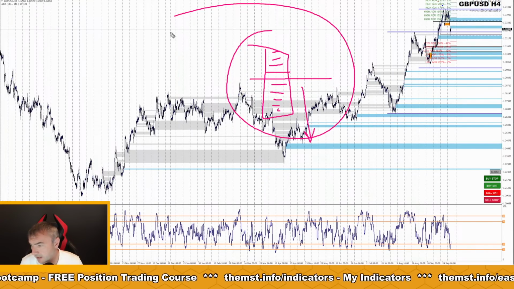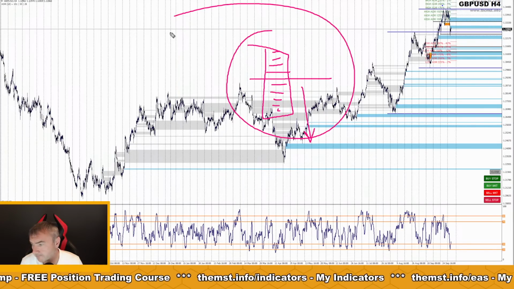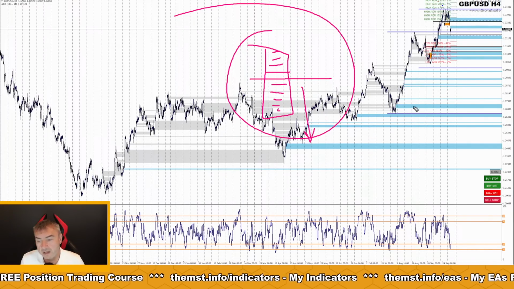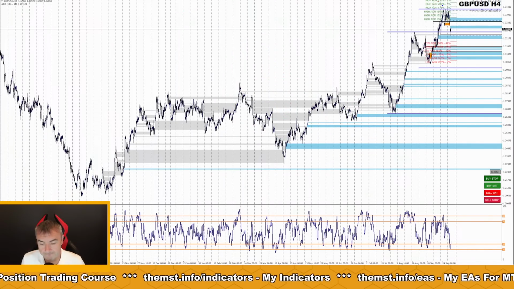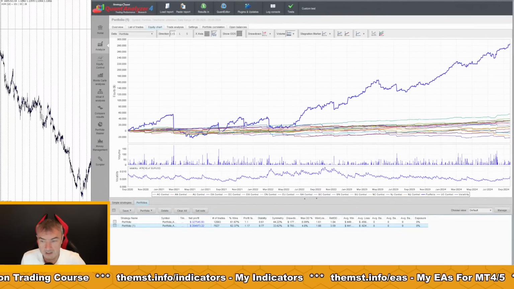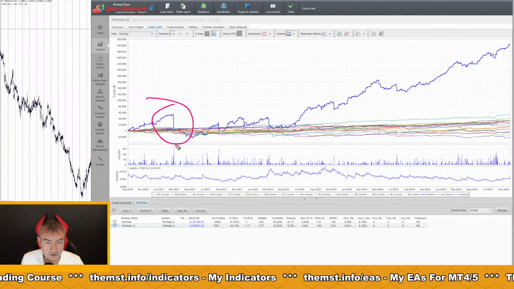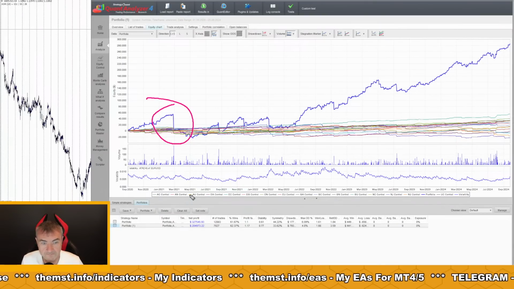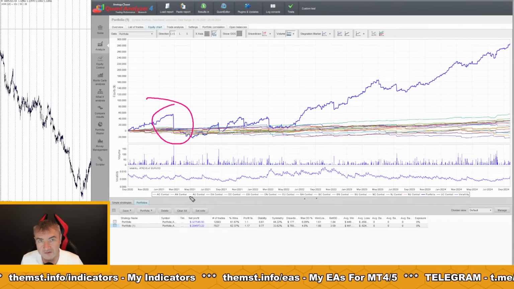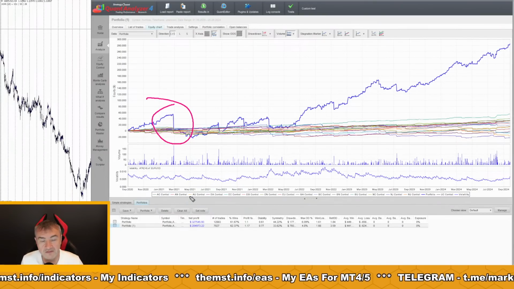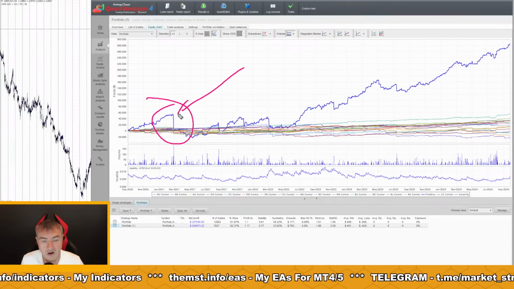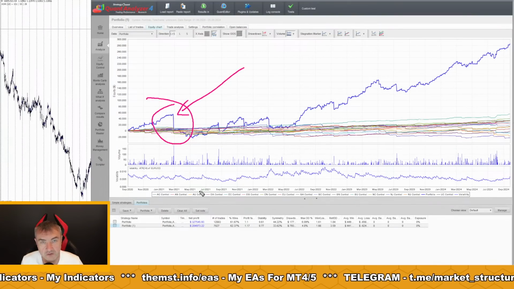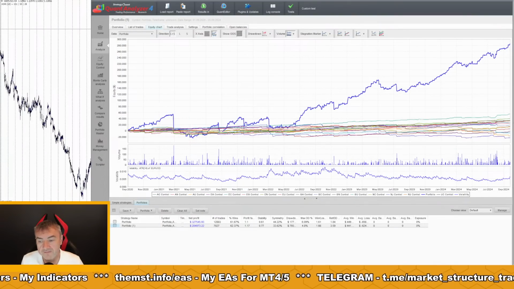Filters. Yes, filters I wanted to cover. So, for example, here, this is the last bit. We've got a problem. This is a robust strategy. I've forward tested it, back tested it, in sample tested it, out of sample tested it. I've tested it on multiple currencies, but it always makes a massive loss there. How can we filter that?